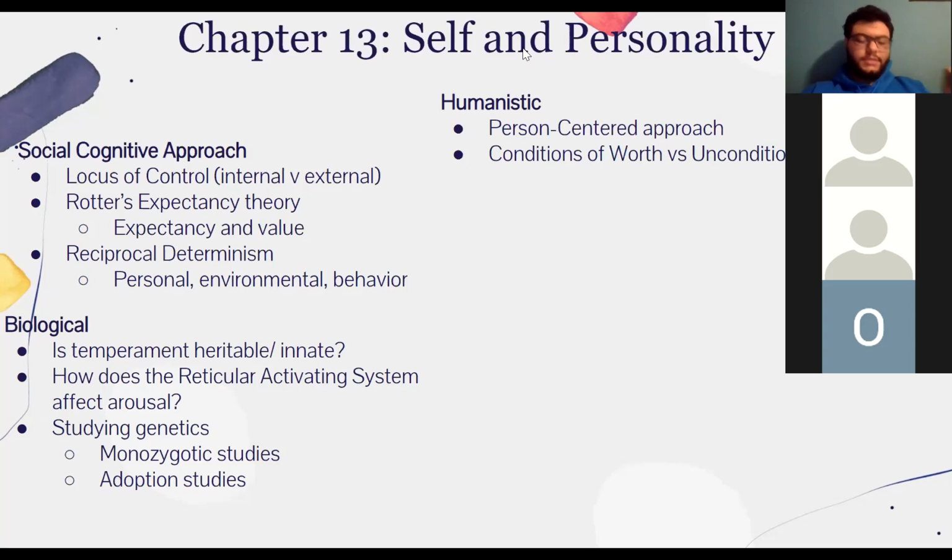Conditions of worth is basically how much of our worth is conditioned based on external factors. So it would be like the opposite of unconditional love. So our emotions, our value is based on other things. That wouldn't necessarily be a positive thing, whereas unconditional positive regard would be like accepting or regarding a person despite anything bad that they do. So the person themselves is inherently good.